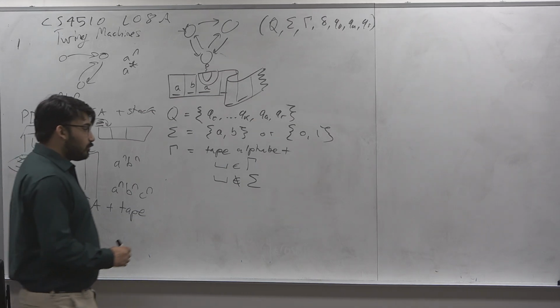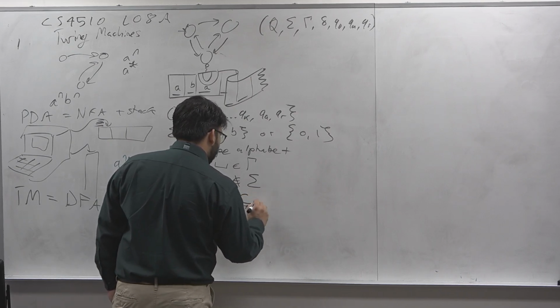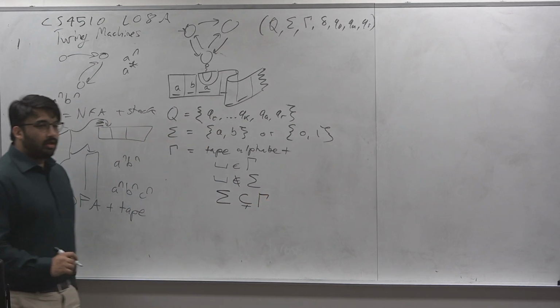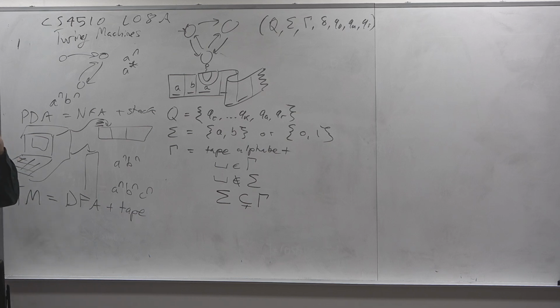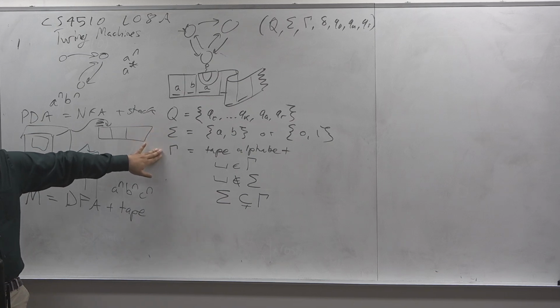And finally, we must require that the input alphabet be, in fact, a strict subset of the tape alphabet. So while in the PDA definition you could have the input be A's and B's and the stack be C's and D's, and as long as you did everything appropriately, that was technically fine, here that's not the case. The input alphabet must be a strict subset of the tape alphabet.